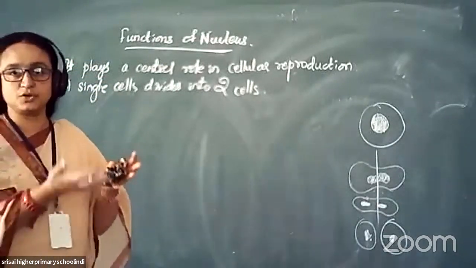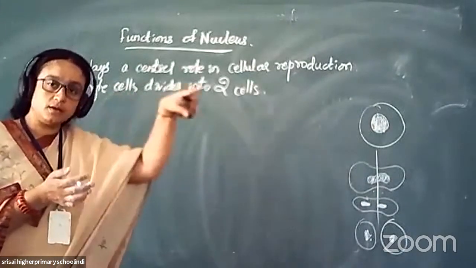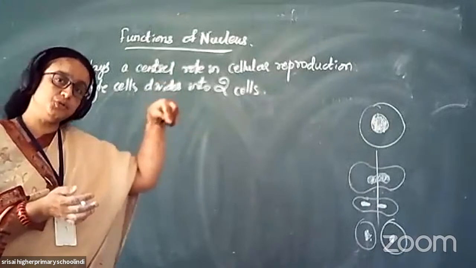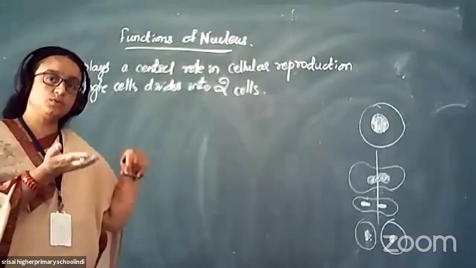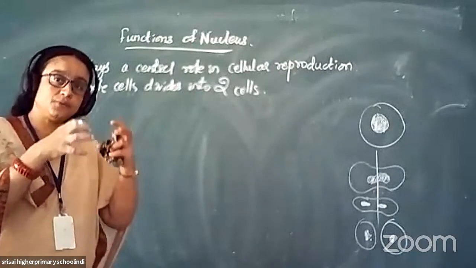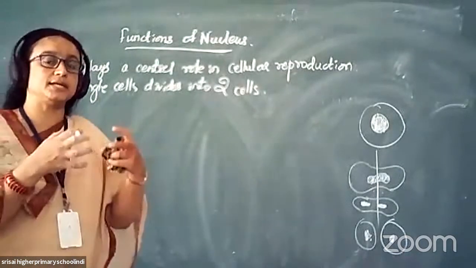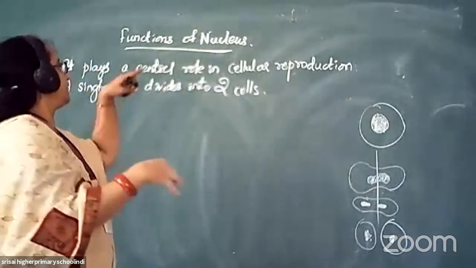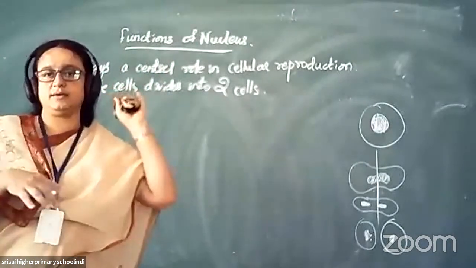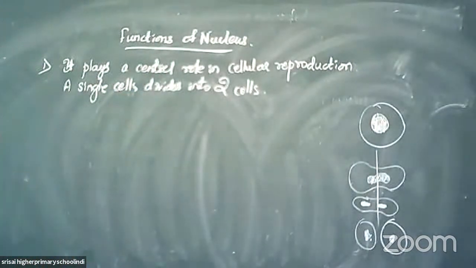It plays a crucial role when, along with the surrounding, that nucleus is going to adjust and understand the situation, how the cell is developing, at what time it is going to be matured, and what are the chemical activities that are going to occur in the cell. That will be regulated by the nucleus. Understood? So these are the functions of the nucleus.